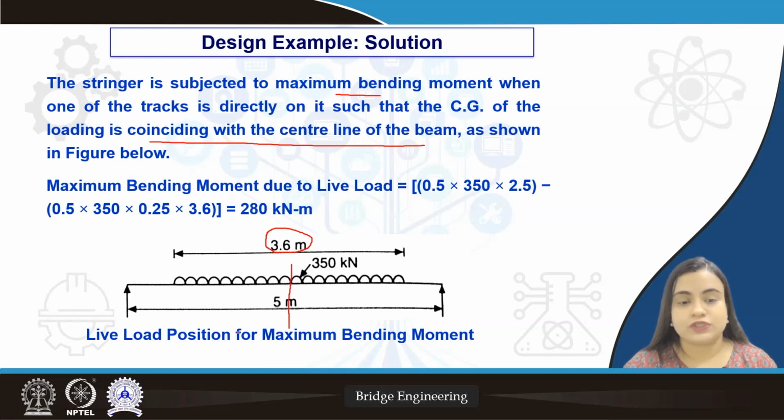In this condition, for the position of the live load for maximum bending moment, we can determine the bending moment using simple fundamentals of 0.5 times 350 times 2.5 minus 0.5 times 350 times 0.25 times 3.6. That gives us 280 kilonewton meter.